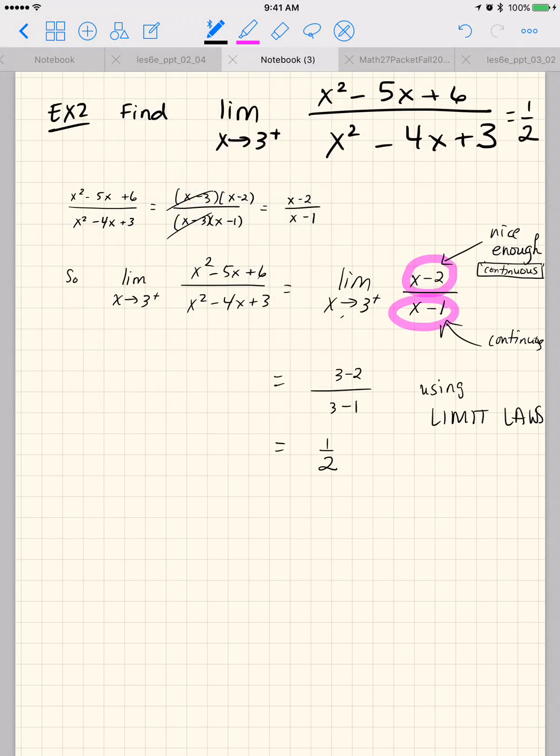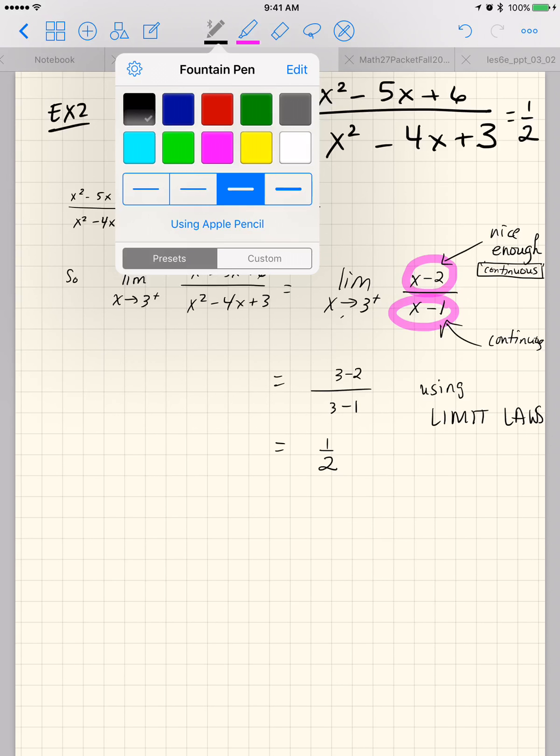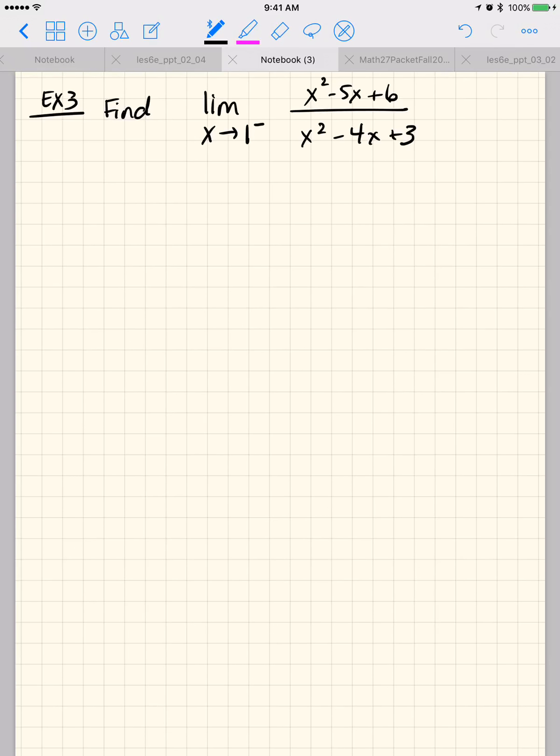Okay, let's do another example. I'm just going to go to a different page here. Another example, this will be example 3, which is going to be: find the limit as x approaches 1 from the left of x squared minus 5x plus 6 over x squared minus 4x plus 3. Okay, but wait a minute.